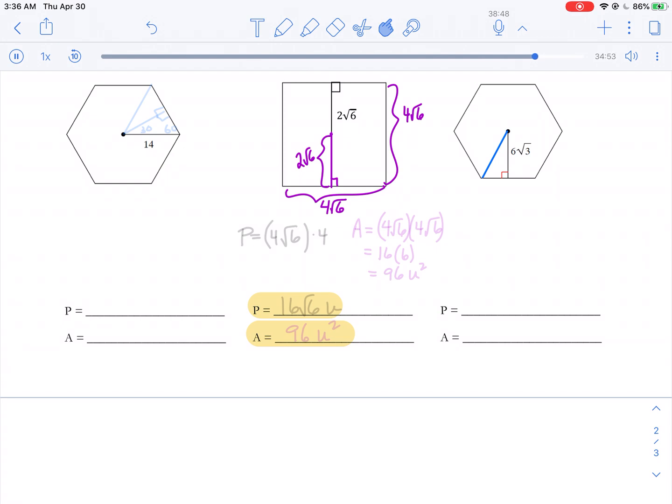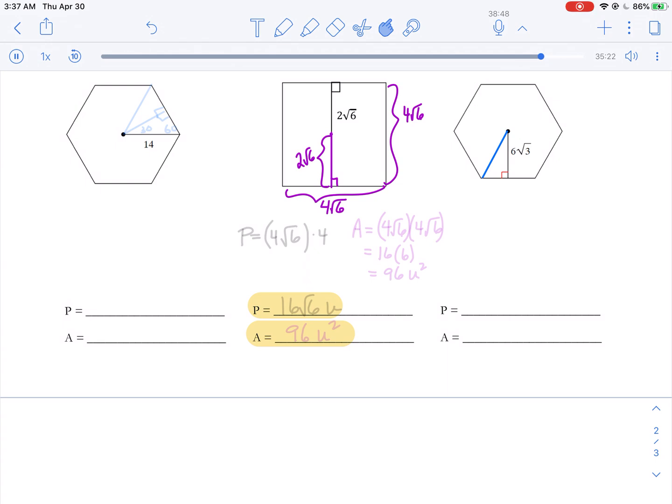So it's also going to be 4 root 6? Remember up here where it said that they were regular? Regular means it's equilateral. So every one of these shapes, the quadrilaterals on these are always squares. So it's going to be a 4 root 6 and a 4 root 6.